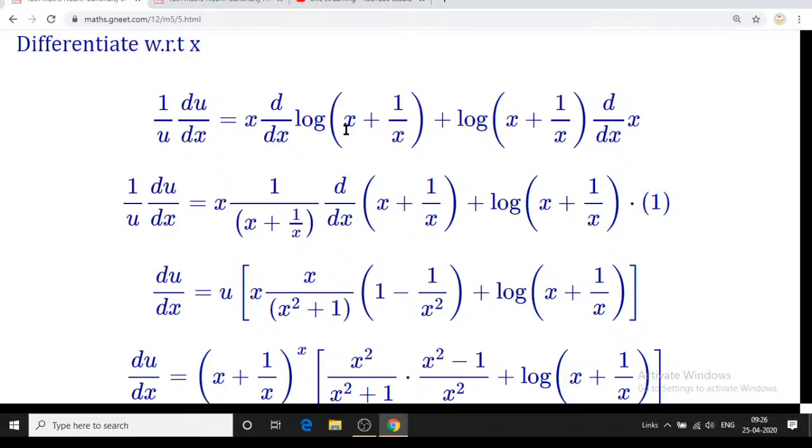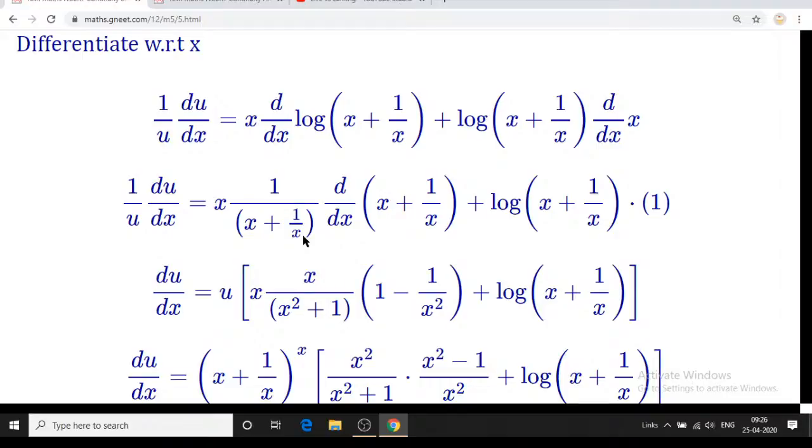Now what is the derivative of log? It is 1 upon x plus 1 by x, and d by dx of x plus 1 by x, plus log remains as it is, derivative of x is 1.